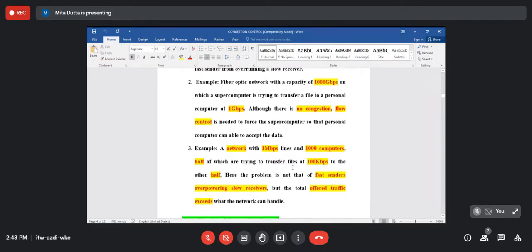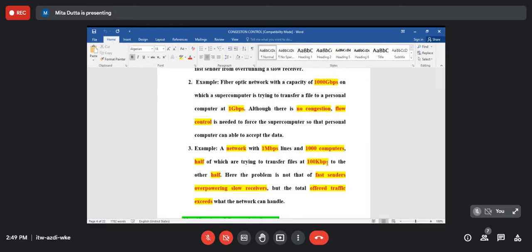And in the second example, suppose we have a network having a capacity of 1 megabit per second. Now, in this network, we have connected 1,000 computers, and half of the computers are sending data at 100 kbps to the computers at the receiving end.